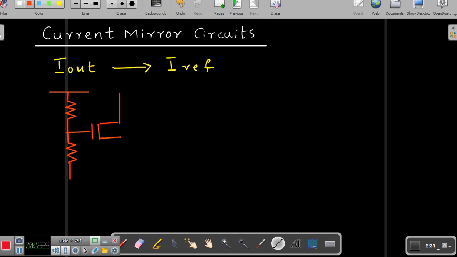So this is my source. So this is my drain. This is gate.